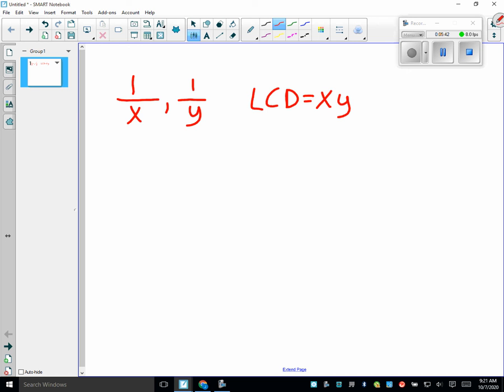Lowest common denominator. Nothing hard. Okay, what if I give you 1 over tan x and 1 over cotan x? What's the common denominator?